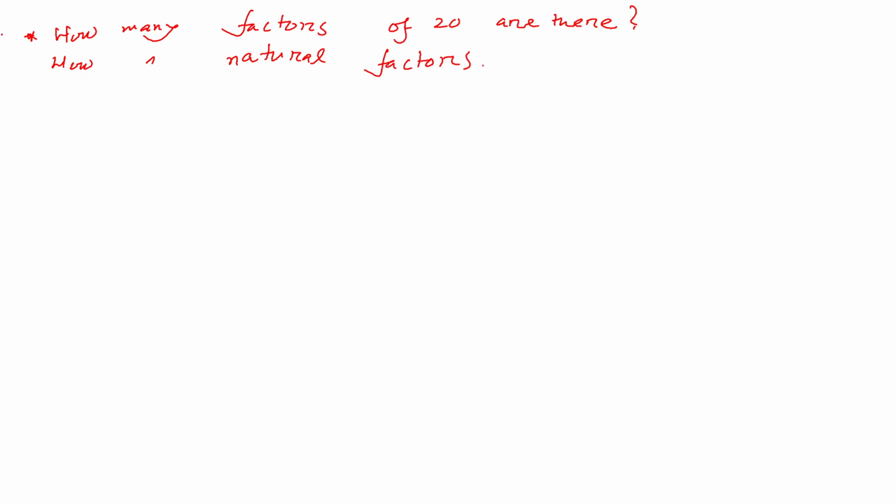Anyway, so for 20, let's try to figure out. 20 equals 1 times 20, that equals 1 times 2 times 10, that equals 1 times 2 times 2 times 5, right? Is that correct? Yes. So how many ways can I figure out the factors?